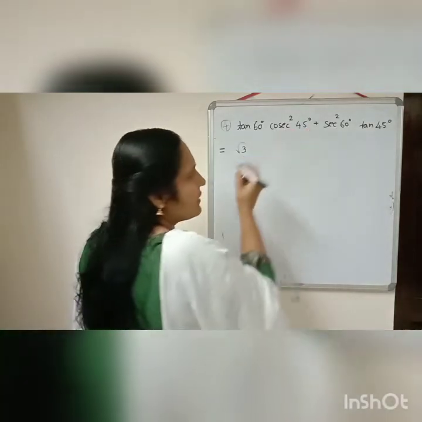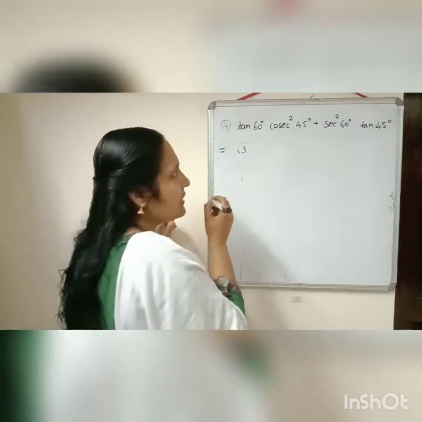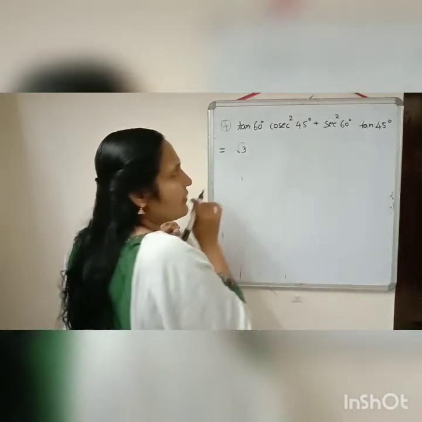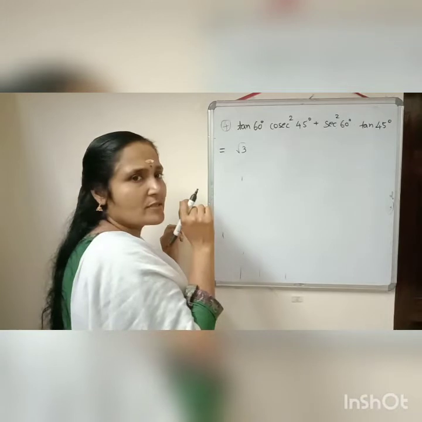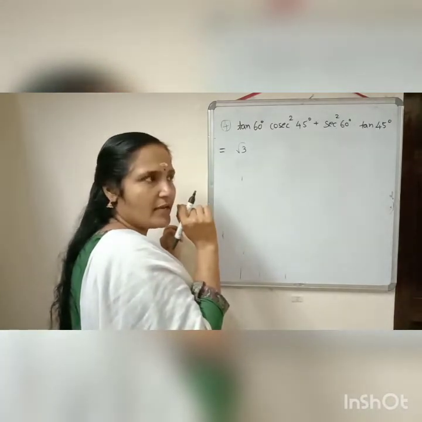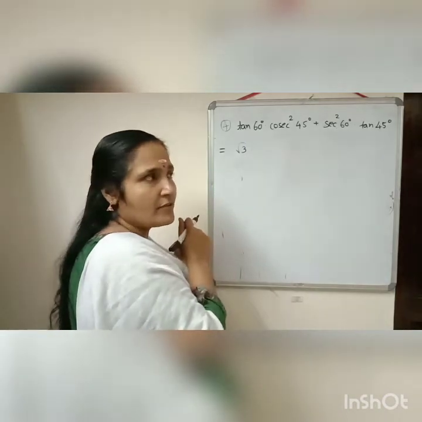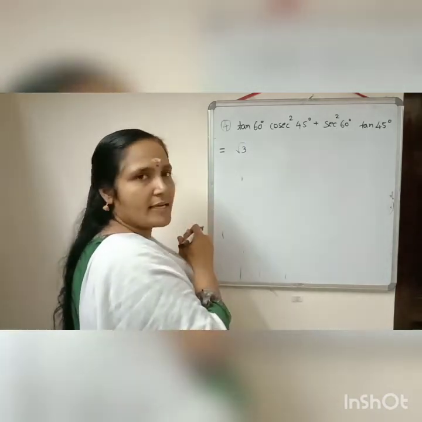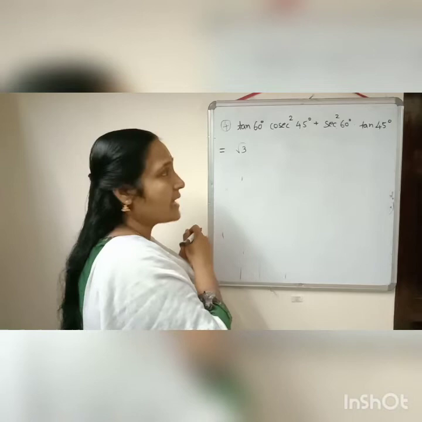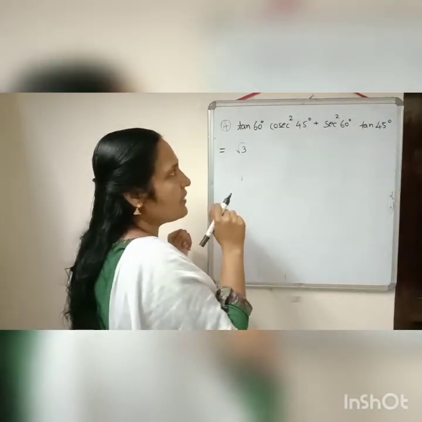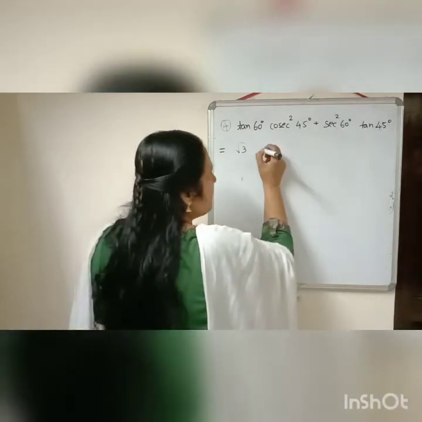Cosec square 45 degree, as I told you earlier, means cosec 45 degree the whole square. If you don't know what cosec 45 degree is, just check: cosec is the reciprocal of sine. Sine 45 degree is 1 by root 2, so cosec 45 degree will be equal to root 2.